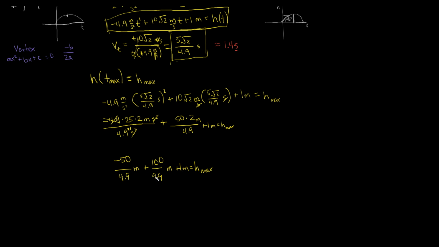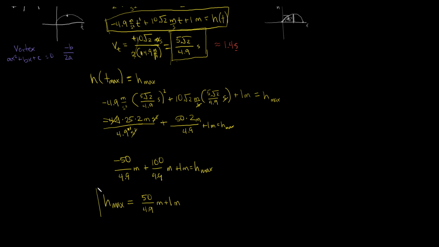And we just combine the denominator, and we find that h max equals 100 minus 50 divided by 4.9 meters plus 1 meter. With some simplification, 100 minus 50 is just 50 divided by 4.9 meters plus 1 meter.